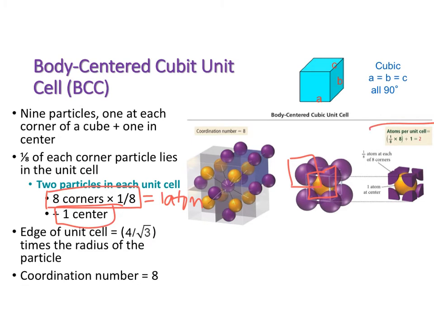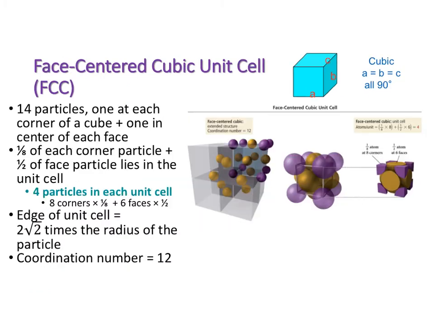So total, we have 2 atoms in this unit cell, okay? So in the body-centered cubic unit cell, we have 2 atoms. The edge of the unit cell can be calculated using this times the radius of the particle, and then the coordination number is 8. So instead of 6 for this one, it's 8.